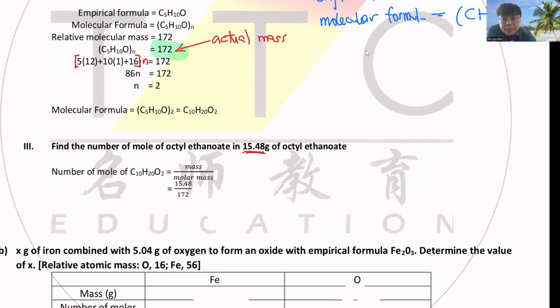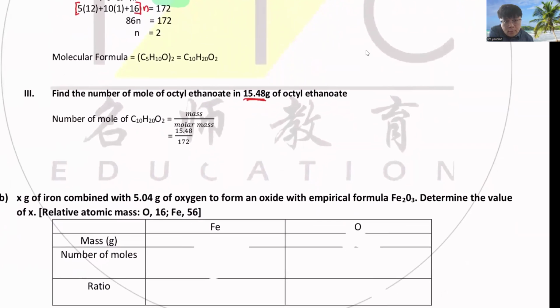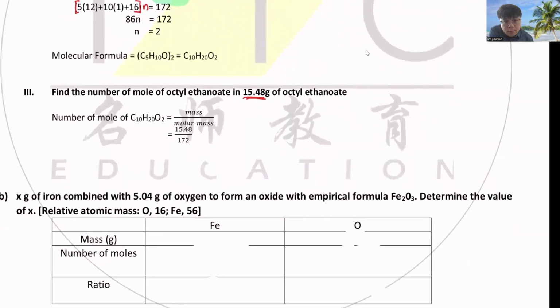So you take 15.48, you divide by the molar mass 172. Just take this as a very simple calculation, just divide. Once you divide, you get 0.09.